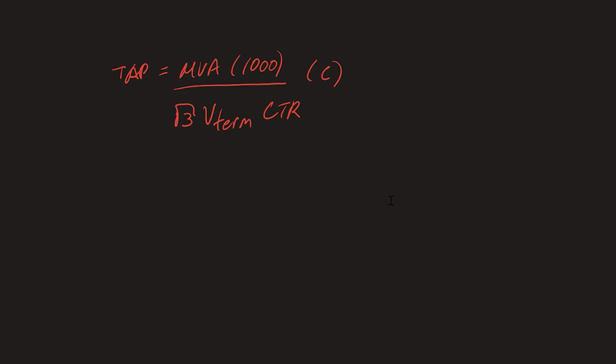Now most modern microprocessor relay schemes use a Y connection for the CTs, which is also going to be the case in this example. So this constant is going to be a 1.